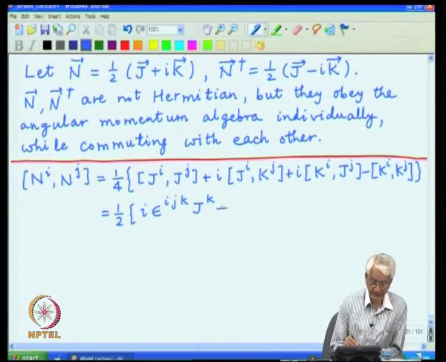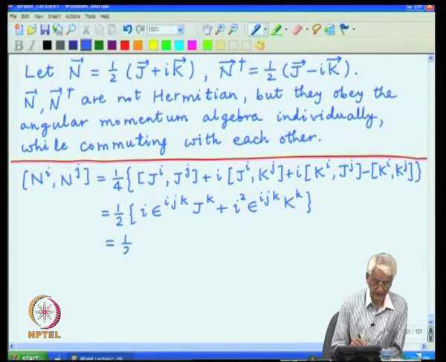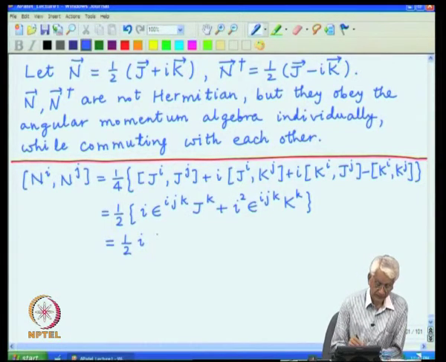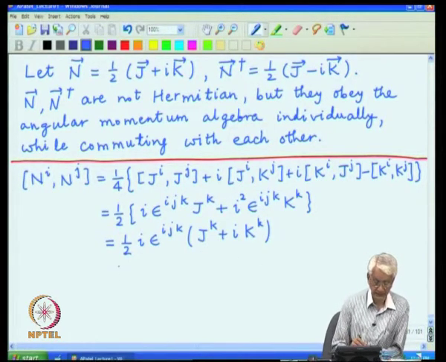I can write this thing as plus i, now occurring twice, epsilon_ijk times K_k, and this can be rewritten by factoring out common coefficients, i times epsilon_ijk times J_k plus i K_k, which is nothing but i epsilon_ijk N_k.